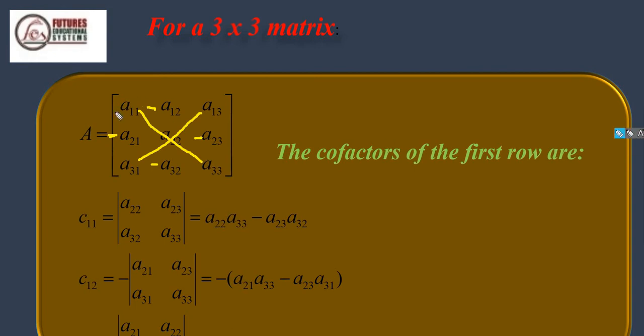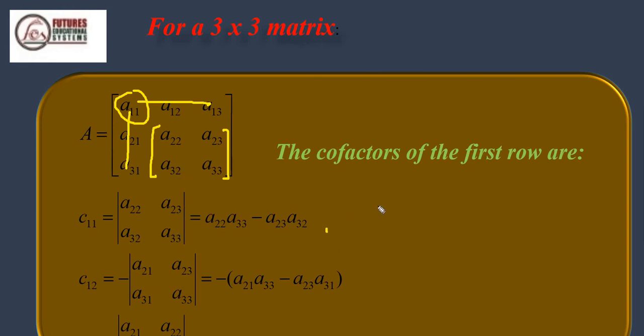I can choose this column. If you choose this column, start from A11. Hide this row and this column, and the matrix in this case becomes A22, A23, A32, A33, and multiply: A22 by A33 minus A23 by A32.